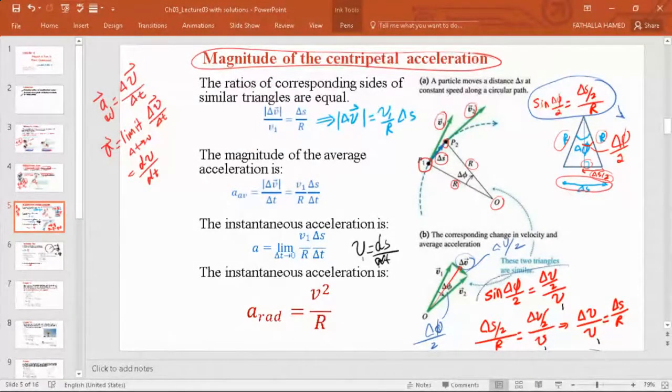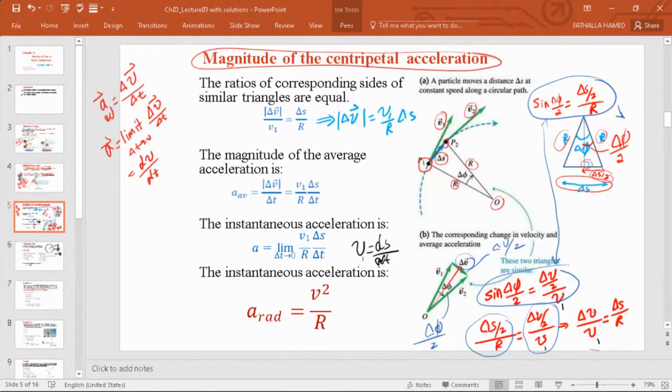Now, if you look at this result here and this result here, both of them have sine delta phi over 2, meaning delta S over 2 over R will equal delta V over 2 over V1. The 2 can drop out.